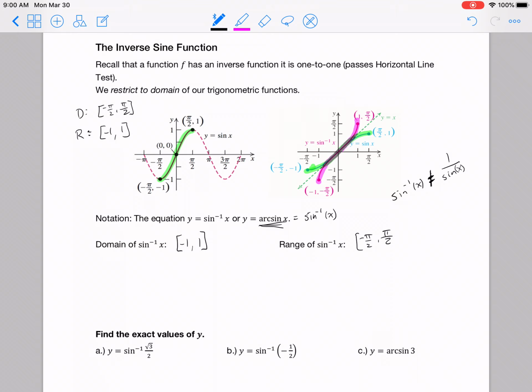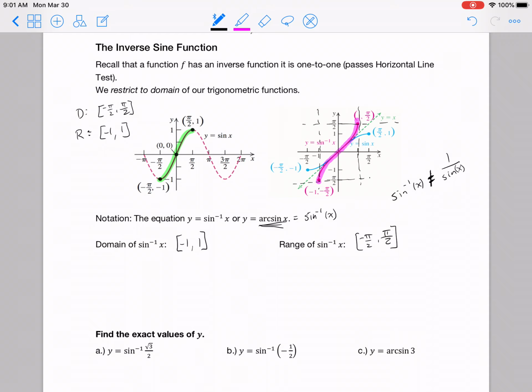If we see right here, we're coming down to -pi over 2 and up to pi over 2. We're looking at the red line now. We're looking at that red line, and then we're going from -1 up to 1. And we stay always within there. And so that's our domain and that's our range.